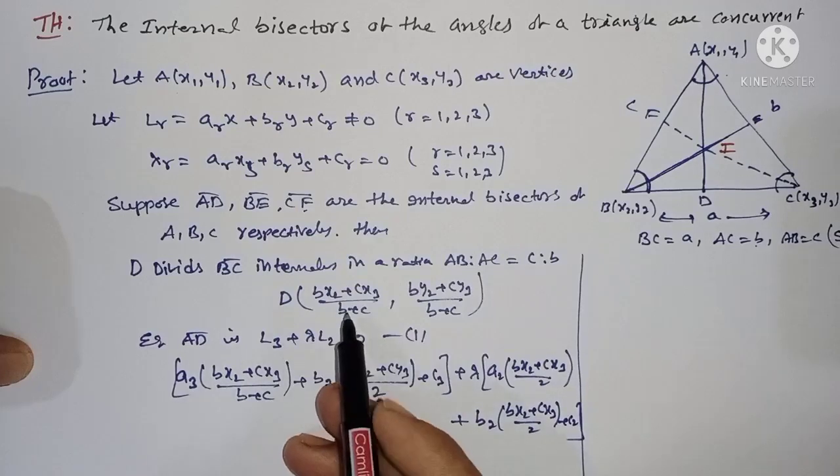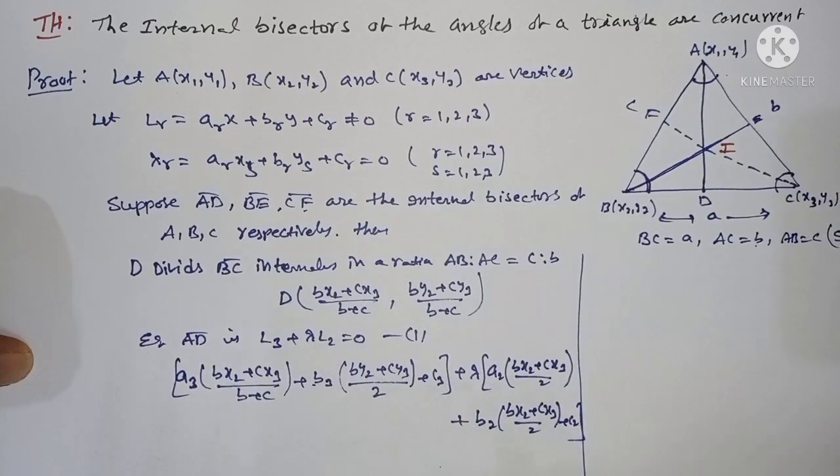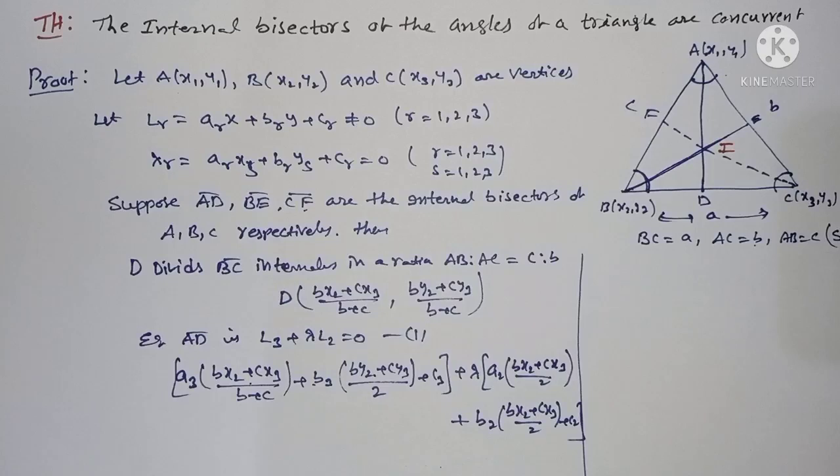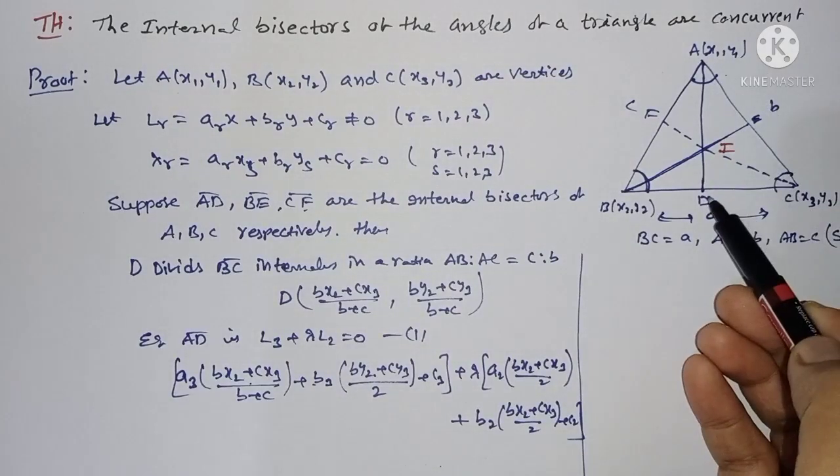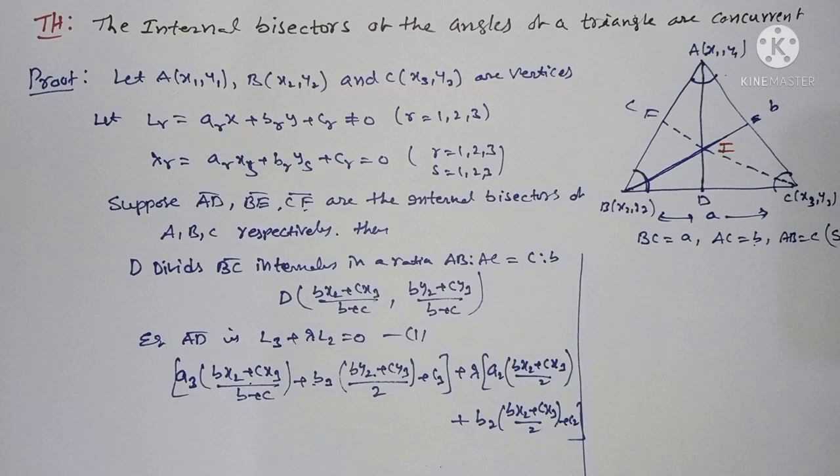I am writing directly: L3 means a3, b3, c3 and L2 is a2, b2, c2. We replace x, y by the coordinates of D, because the point D is on the line AD.